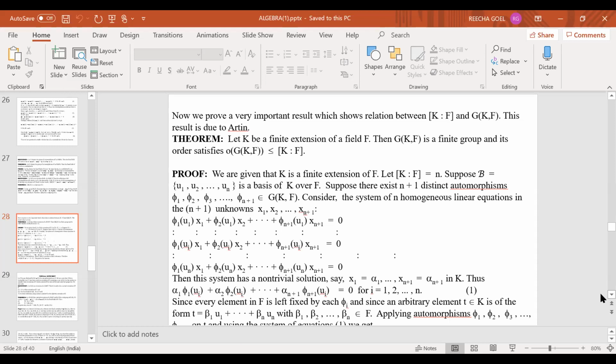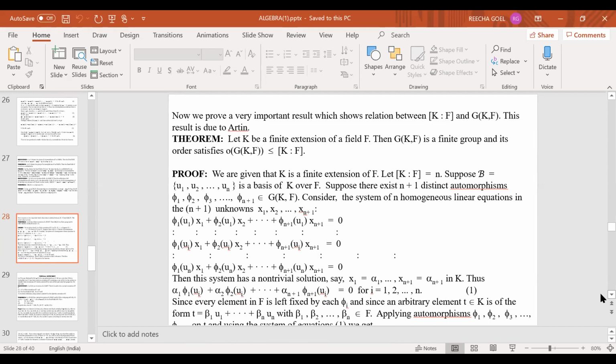With the help of these automorphisms and the basis elements u1, u2, up to un, let me consider a system of n equations in n plus 1 unknowns. The first equation is with respect to u1 only, the first basis element: phi 1 u1 x1 plus phi 2 u1 x2, up to phi n plus 1 u1 x n plus 1.